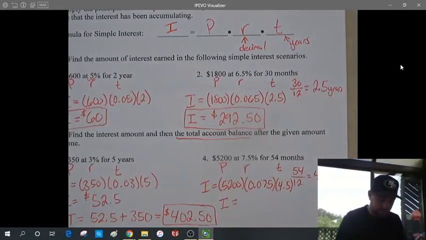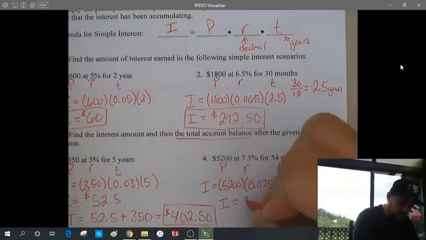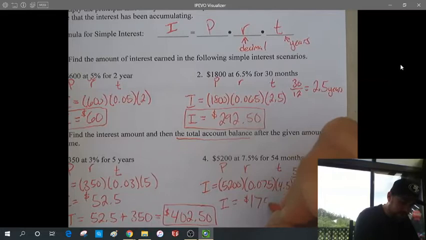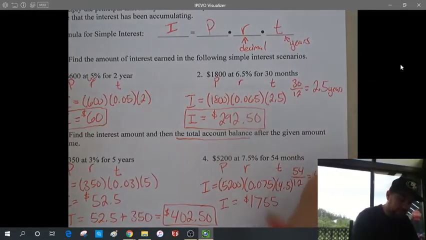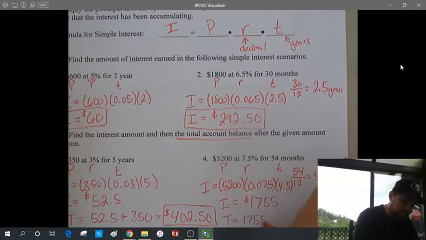Okay, giving us a total amount of interest of $1,755. And now for the total account balance, add that to the principal amount that we started with.